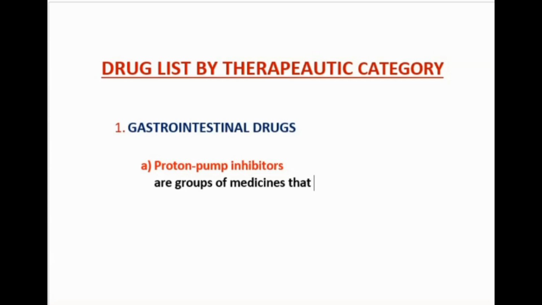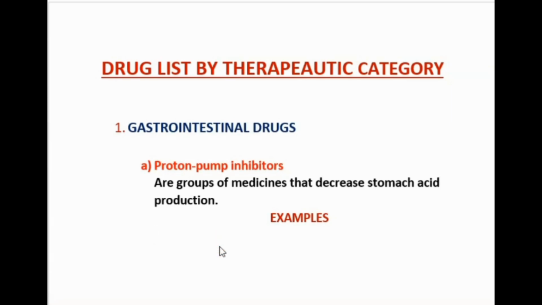Proton pump inhibitors are a group of medicines that decrease stomach acid production. So let us see their examples.